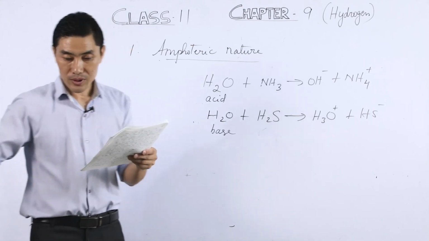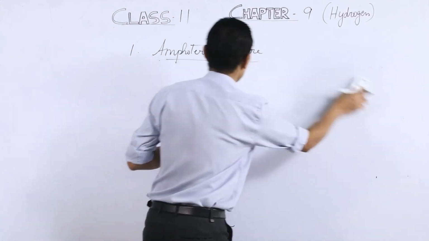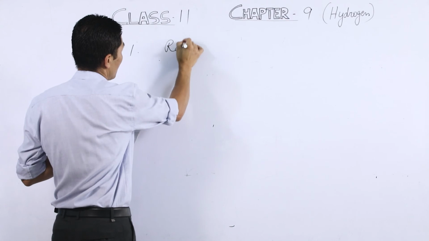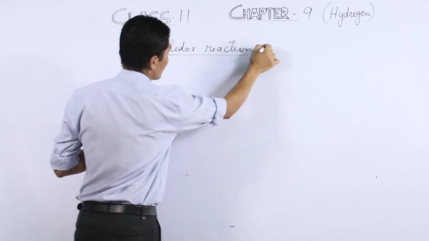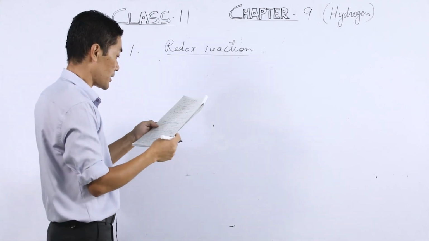Then if we see the next type of reaction, that is the redox reactions. Redox reactions are those reactions in which oxidation as well as reduction takes place simultaneously.